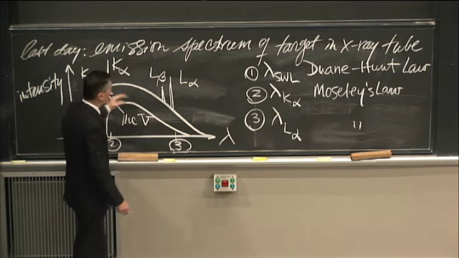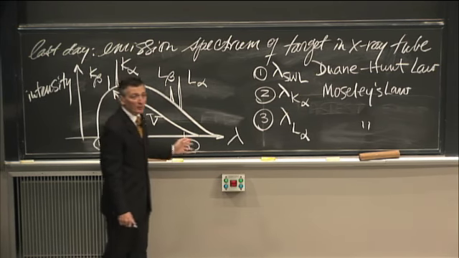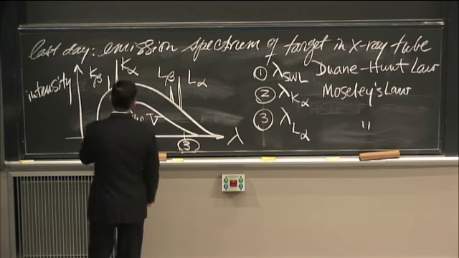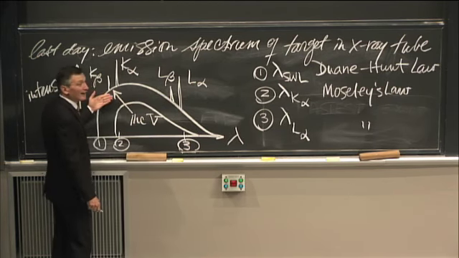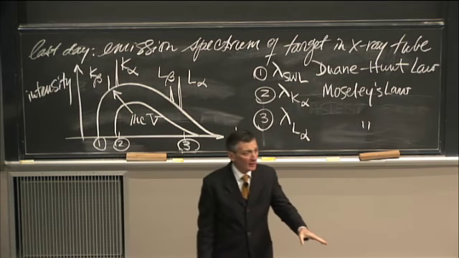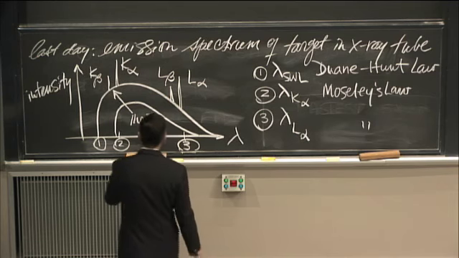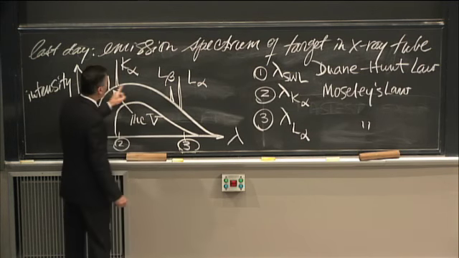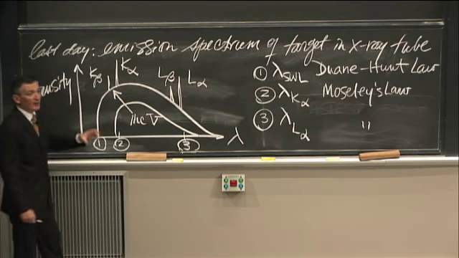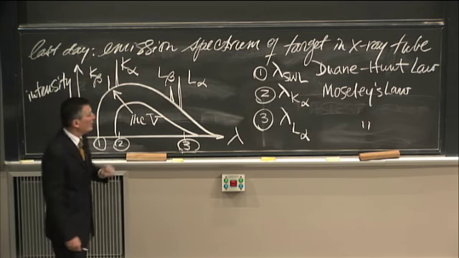We see this whale-shaped curve, which we have attributed to Bremsstrahlung, which is the braking radiation. And then if the voltage is high enough to do what? High enough to eject inner shell electrons, we will get the cascade, and the cascade will give rise to specific values of wavelength associated with transitions within the target atom.